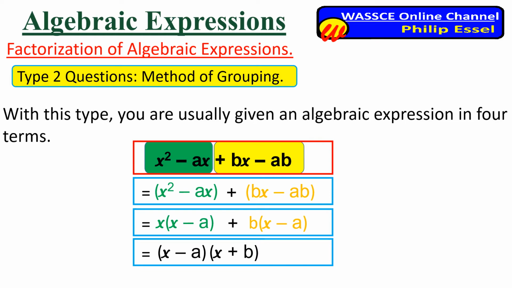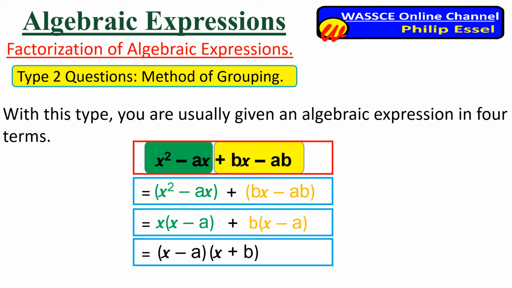So when we factorize the expression x square minus ax plus bx minus ab, we would get the final answer to be, all in bracket, x minus a, times another all in bracket, x plus b.